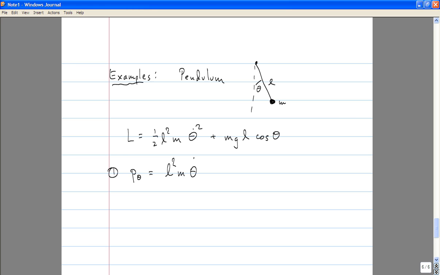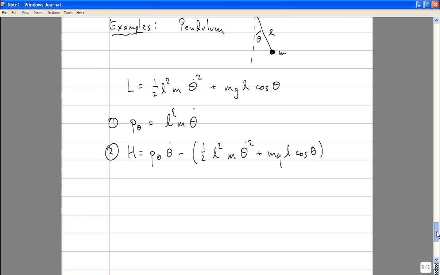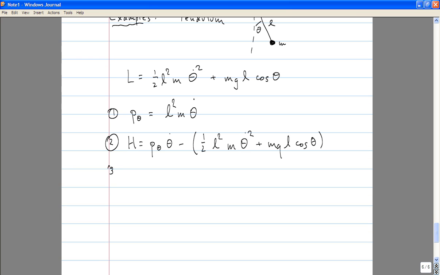Okay, that was easy enough. Step two is to write down the Hamiltonian, which is P theta theta dot minus the Lagrangian, which was 1/2 L squared m theta dot squared plus mgL cosine theta. Step three is to write the theta dot in terms of the canonical momentum p theta.